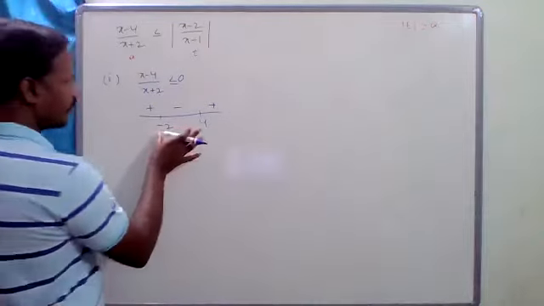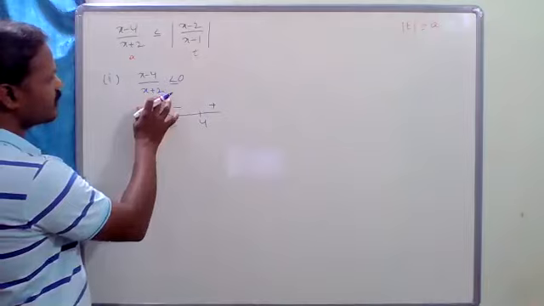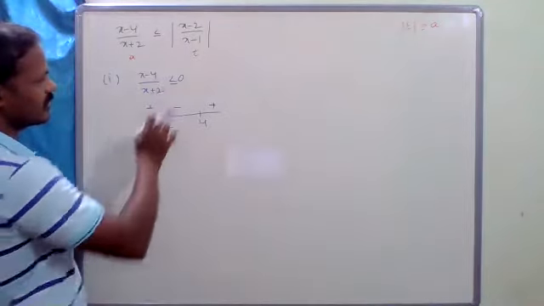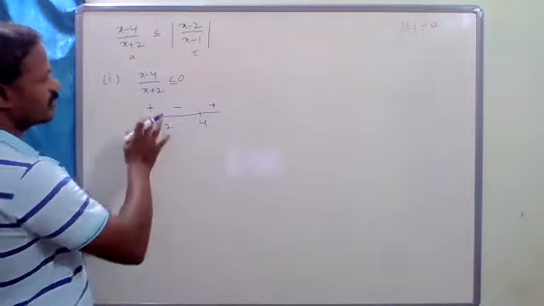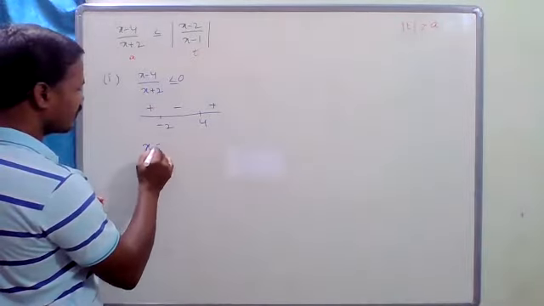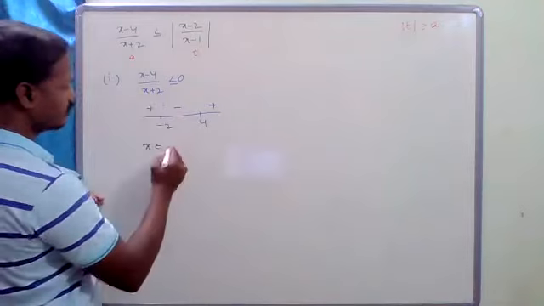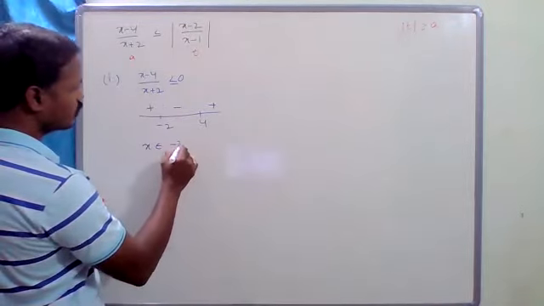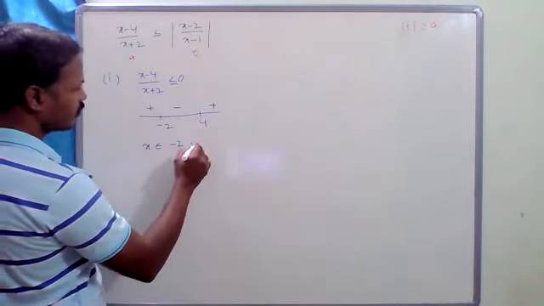Less than or equal to 0 means we have to consider the negative values. So x belongs to minus 2 comma 4.